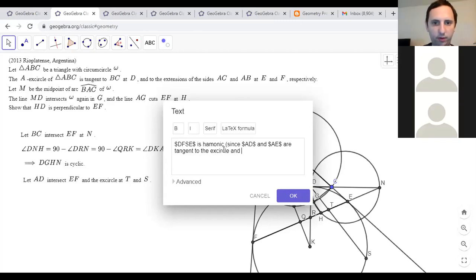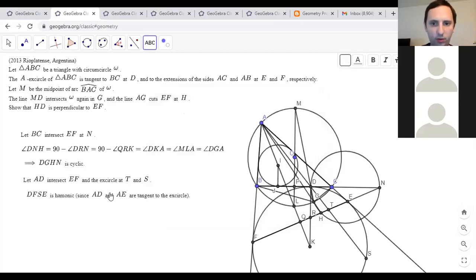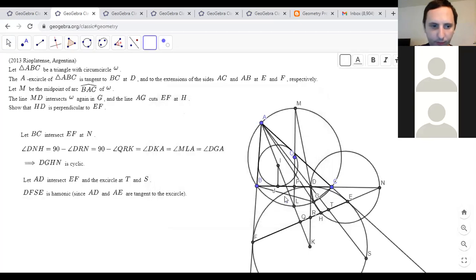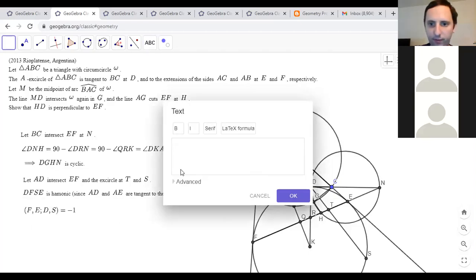And I'll just leave it at that. And so the cross ratio FE, DS is -1. And then we can project through D. So projecting through D onto EF.